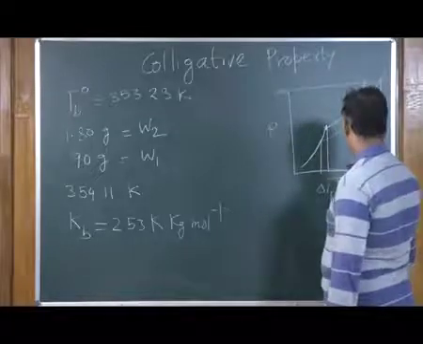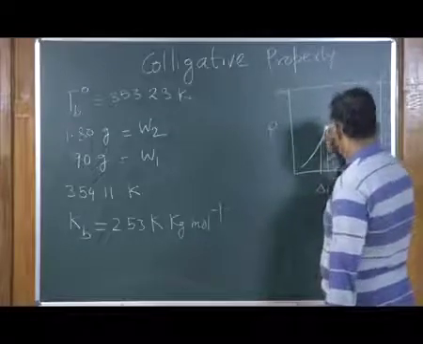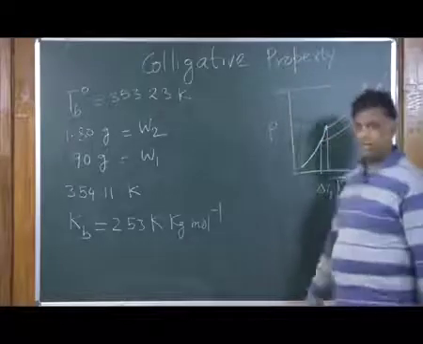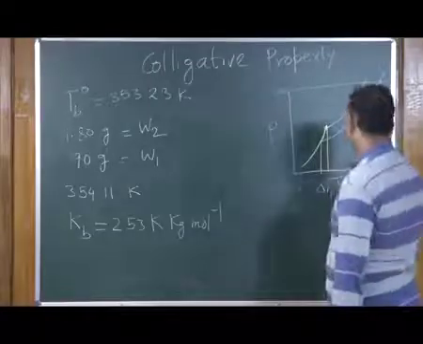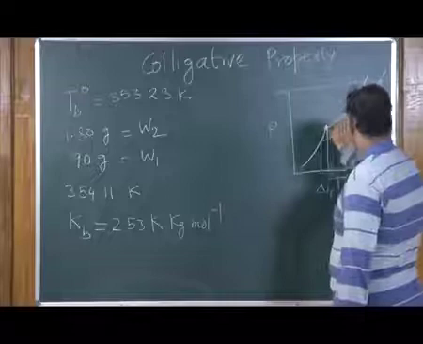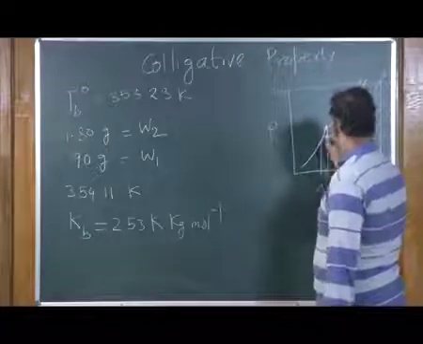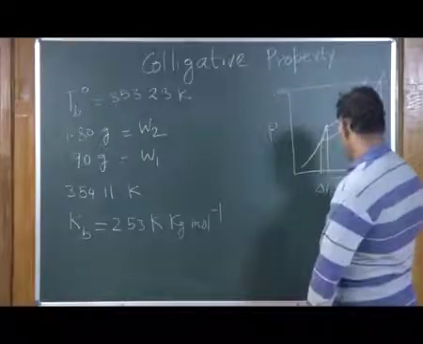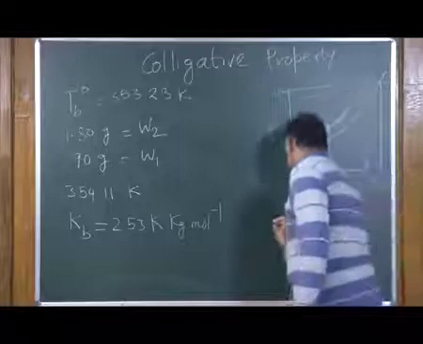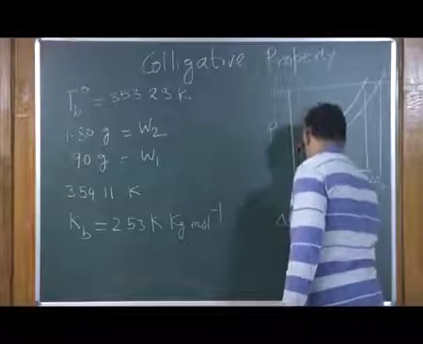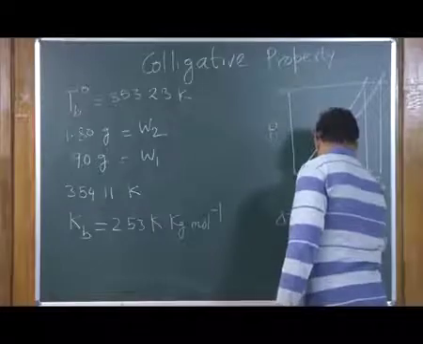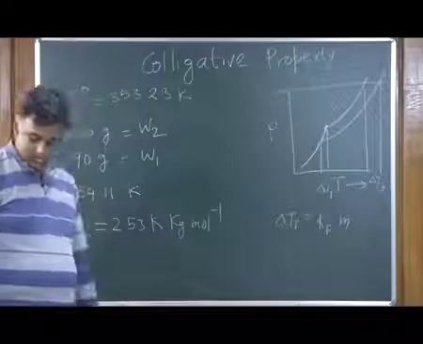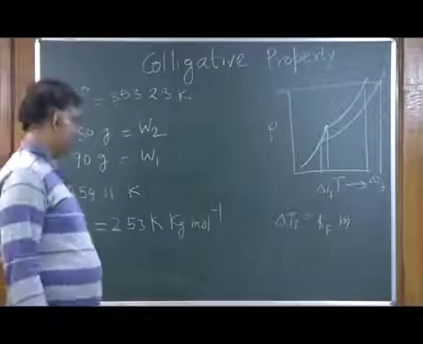And again, this depends not at all on the property of the solute, it depends only on the concentration, and how much shift is going to take place will depend on the curvature of this line. And again we get a similar formula, that is delta Tf is equal to Kf multiplied by the molality of the solution, where Kf is a constant which is called the freezing point depression constant.